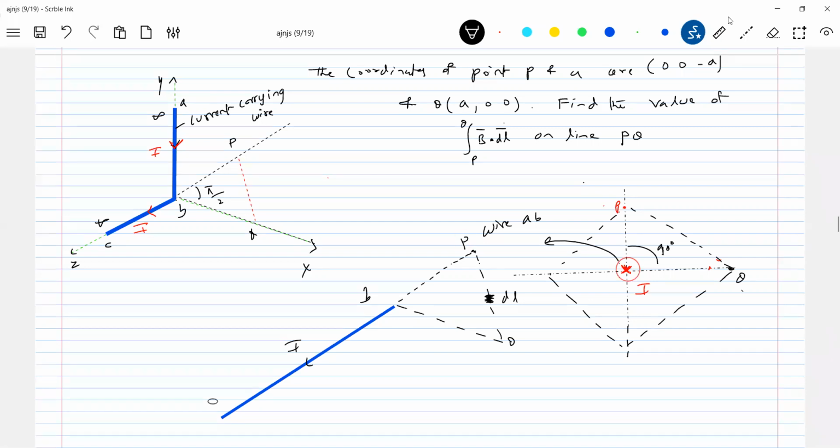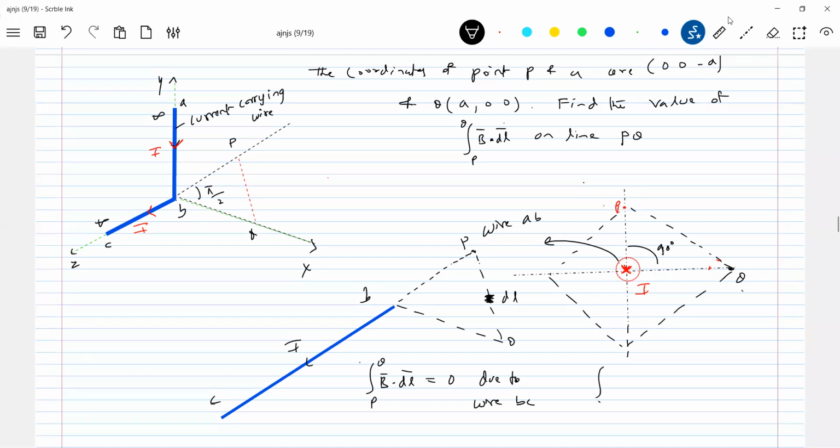So what should be B dot dl for PQ due to this wire BC? Shall I say 0? It is 0 due to wire BC.